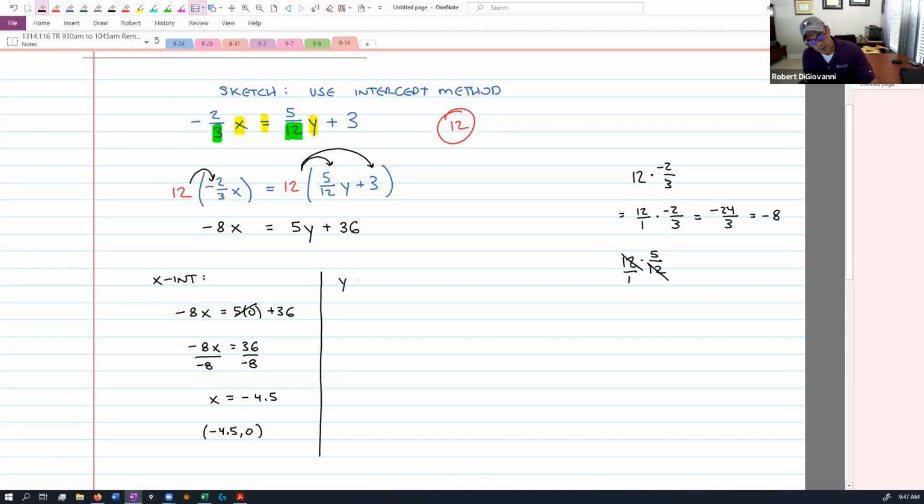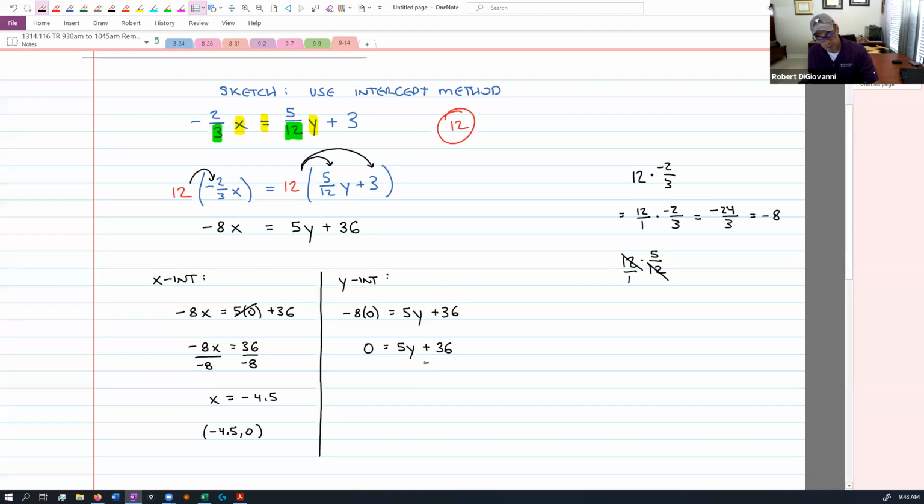I now get the y-intercept by rewriting the equation again, but this time replacing the x with 0. When I replace the x with 0, the left side of the equation turns into 0. And then here we have 5y plus 36. Now we have to solve this for y, so we have to do a little bit of work here.